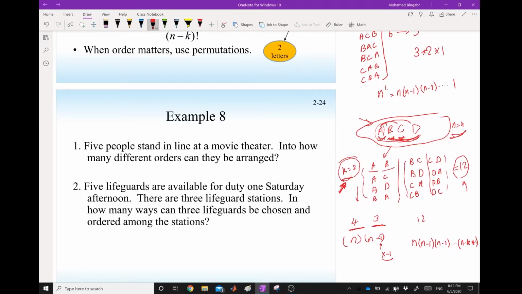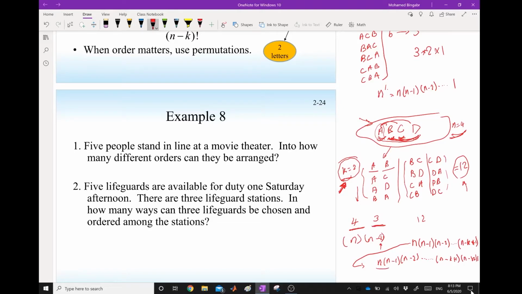So this is a general formula to calculate how many ways you can construct a pattern of k elements, and you can choose these k elements from a population that consists of n elements. And we can rearrange this to equal n times n minus 1 times n minus 2 all the way to n minus k plus 1, n minus k all the way to 1.